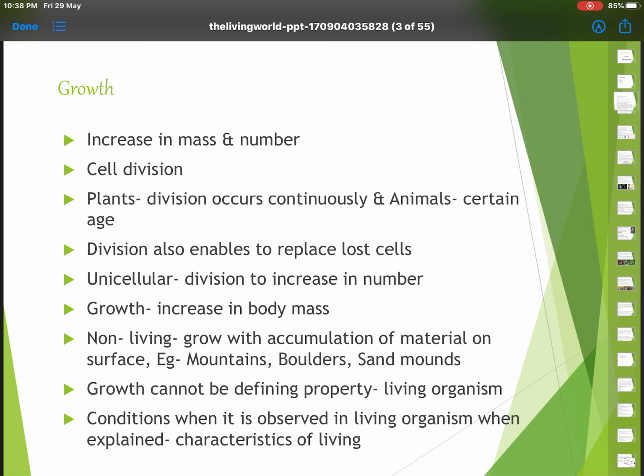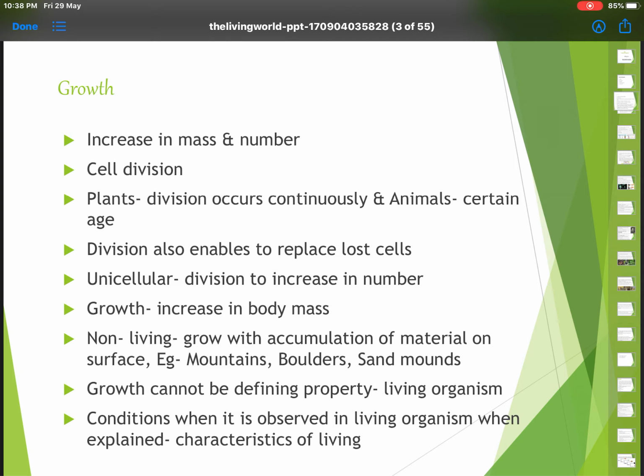And in your previous class, your biology teacher must have told you that this is because of a special tissue that plants possess, meristematic tissue. So thanks to meristematic tissue, plants grow throughout life, whereas animals and we, human beings, have a limited option.